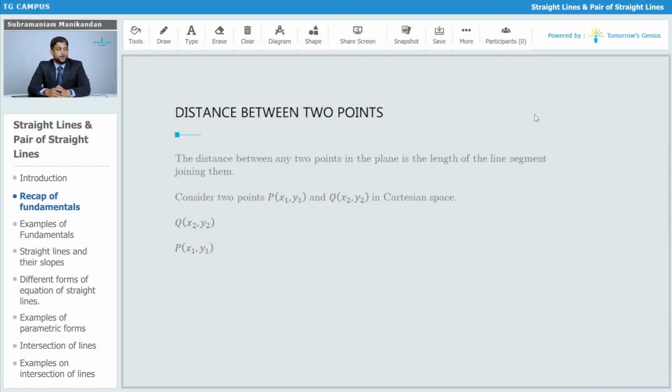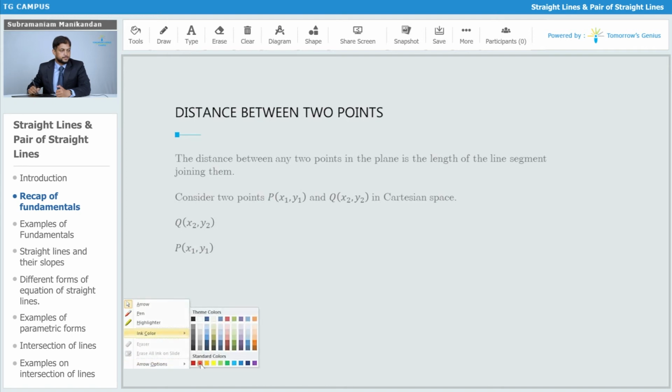Distance between any 2 points in the plane is the length of the line segment joining them. If we have 2 points P, (x1, y1) and Q, (x2, y2) in Cartesian space, something like this.